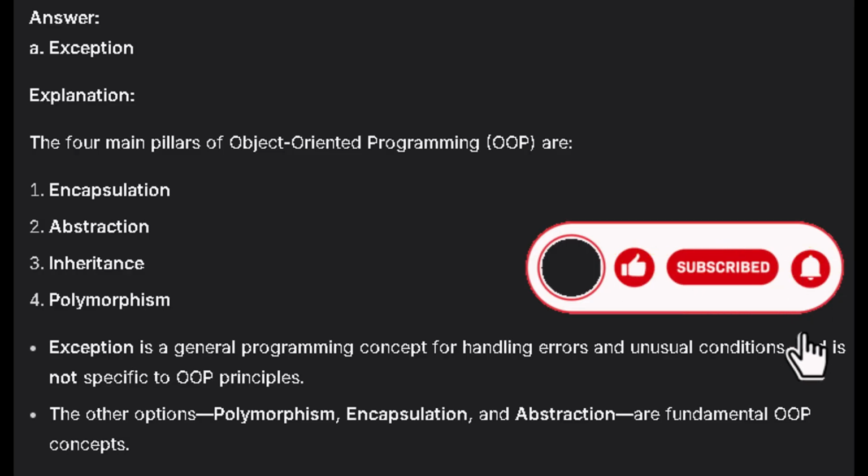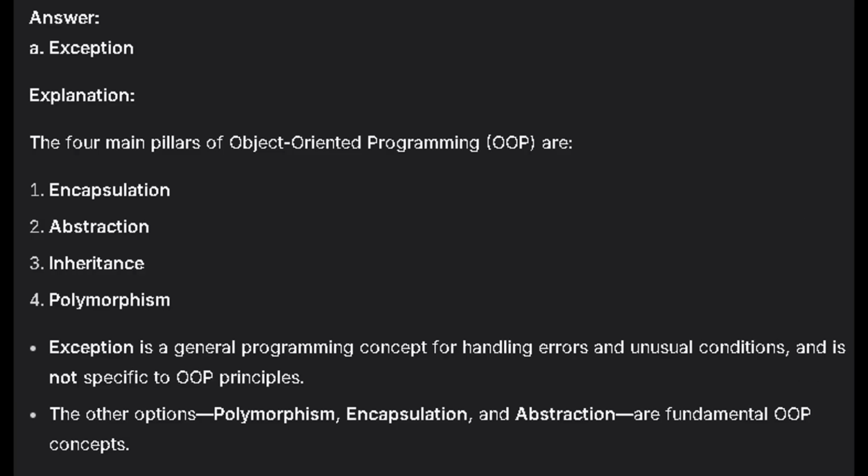Explanation: the four main pillars of object-oriented programming, or OOP, are encapsulation, abstraction, inheritance, and polymorphism. Exception is a general programming concept for handling errors and unusual conditions, and is not specific to OOP principles. The other options, polymorphism, encapsulation, and abstraction, are fundamental OOP concepts.